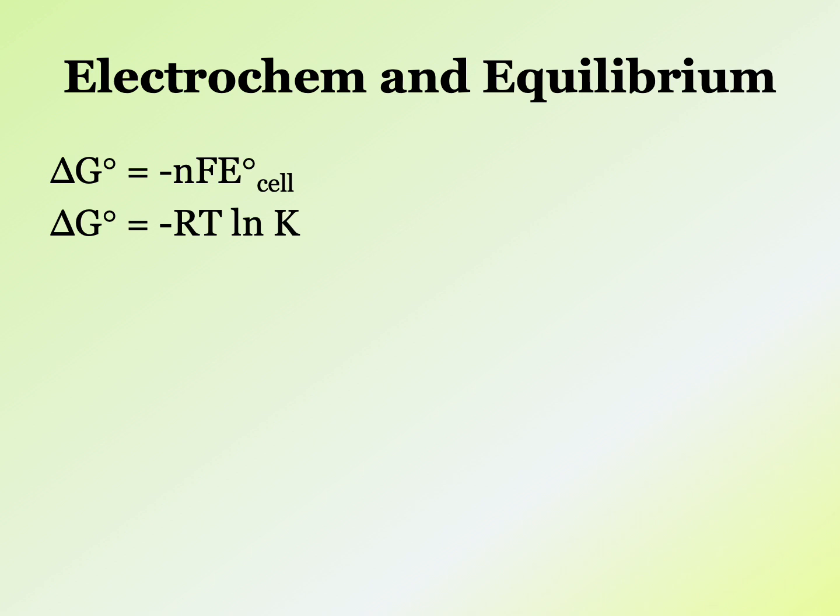There's another form of delta G that we've already looked at with equilibrium and K, where delta G equals negative R times T times the ln of K. So we can set those equal to one another.